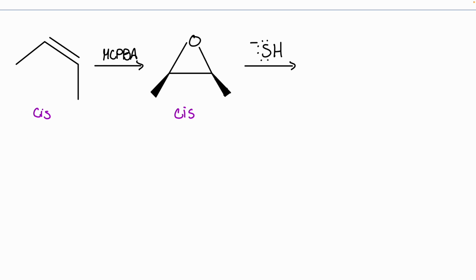In this case, it's symmetric, so it doesn't matter which carbon I pick. I'm going to just draw it in blue here. It's going to attack this carbon. Well, it's not allowed to attack from the same side as the bond it's trying to break. It has to attack from the opposite side, right? What we call our backside attack. Right? Then we can see that ring opening reaction.